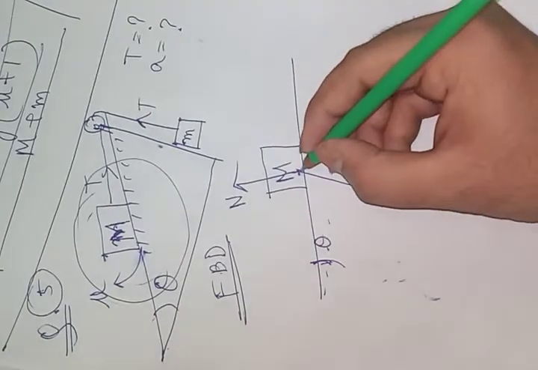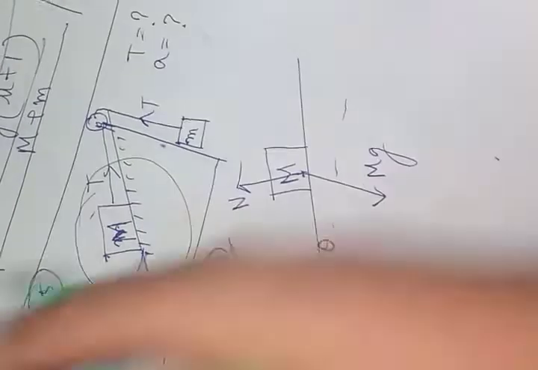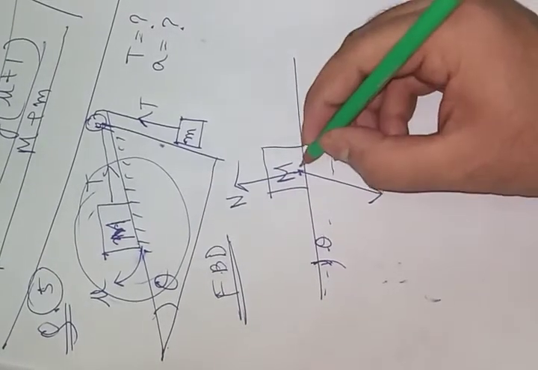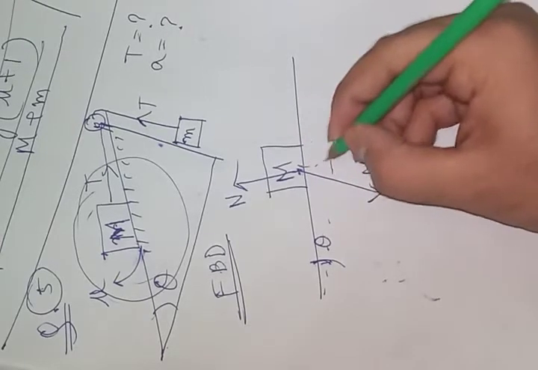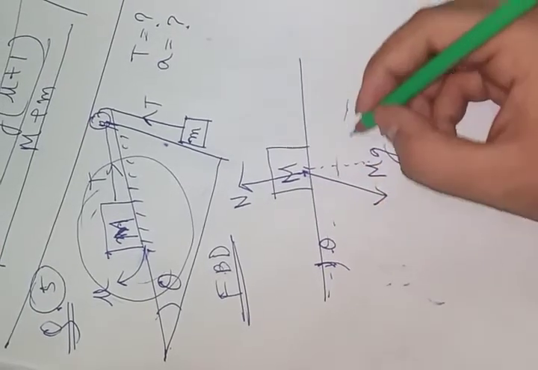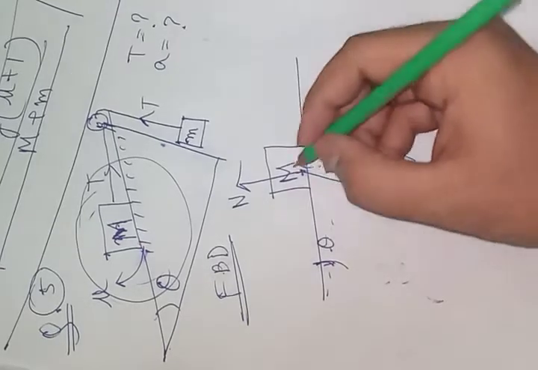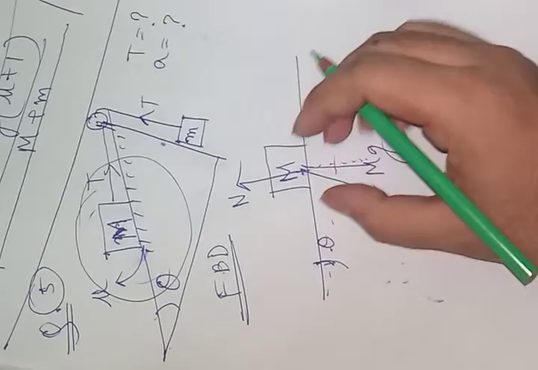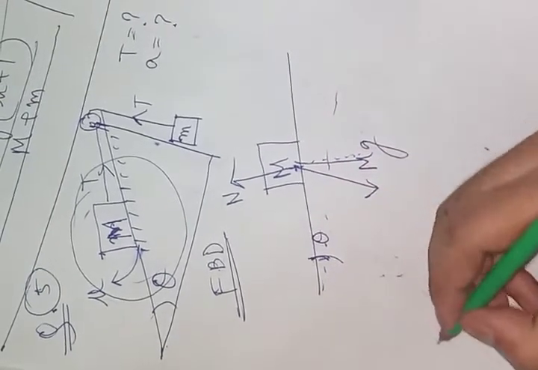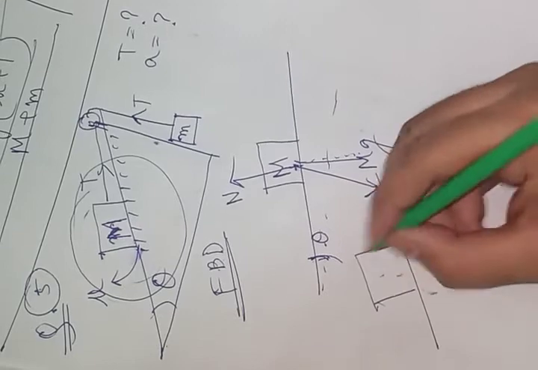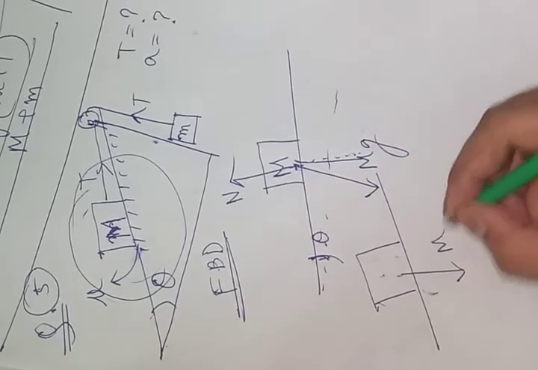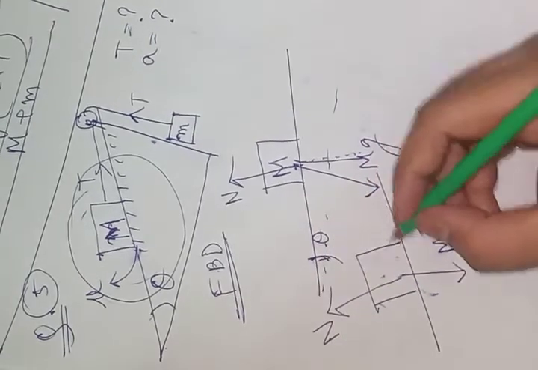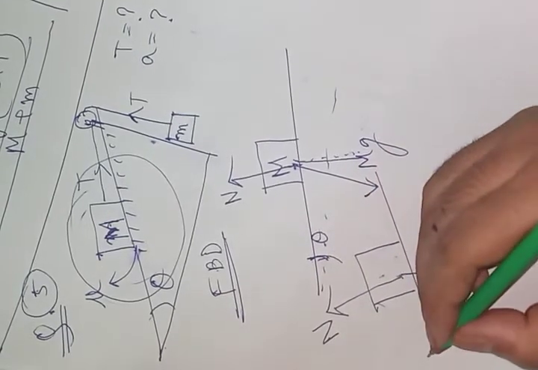Now let us try to understand this angle. We have to find the components of mg. Here I am drawing vertically downwards mg, and the normal reaction force.